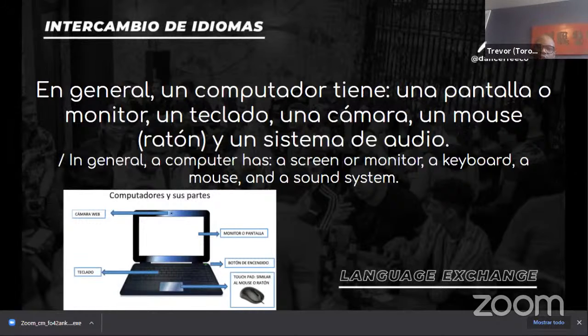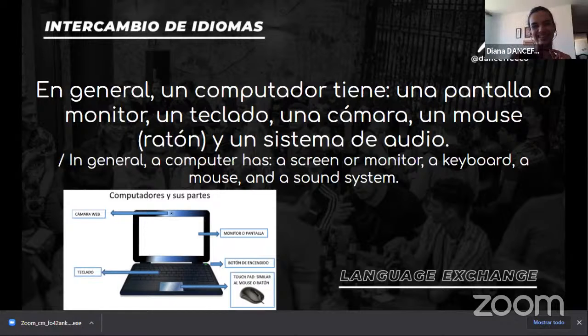Audio. Okay. That kind of tricks me up, the pronunciation sometimes. Yes, I know. That's right. But yes, every time you see A and U together, you just say audio.